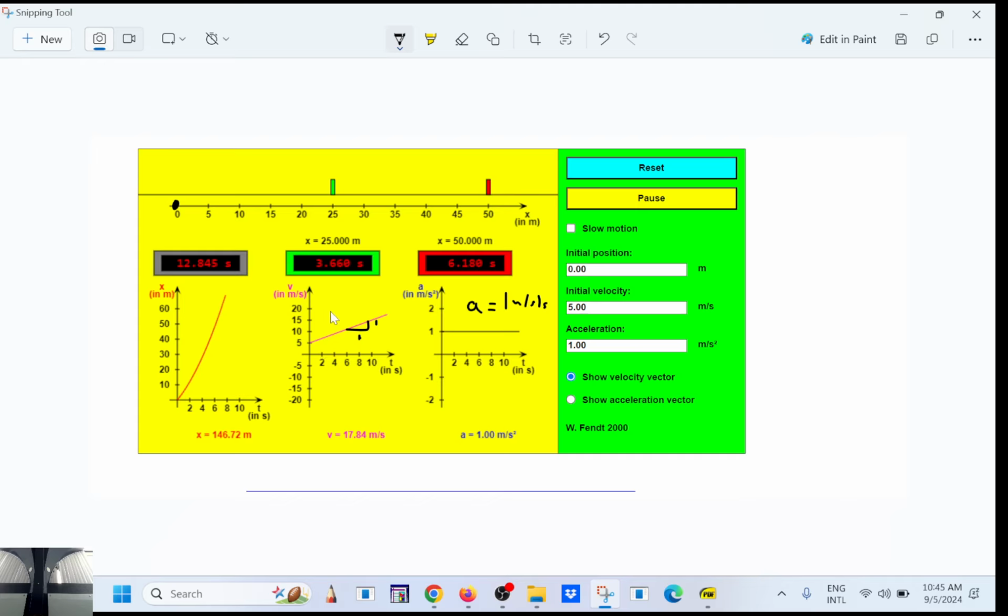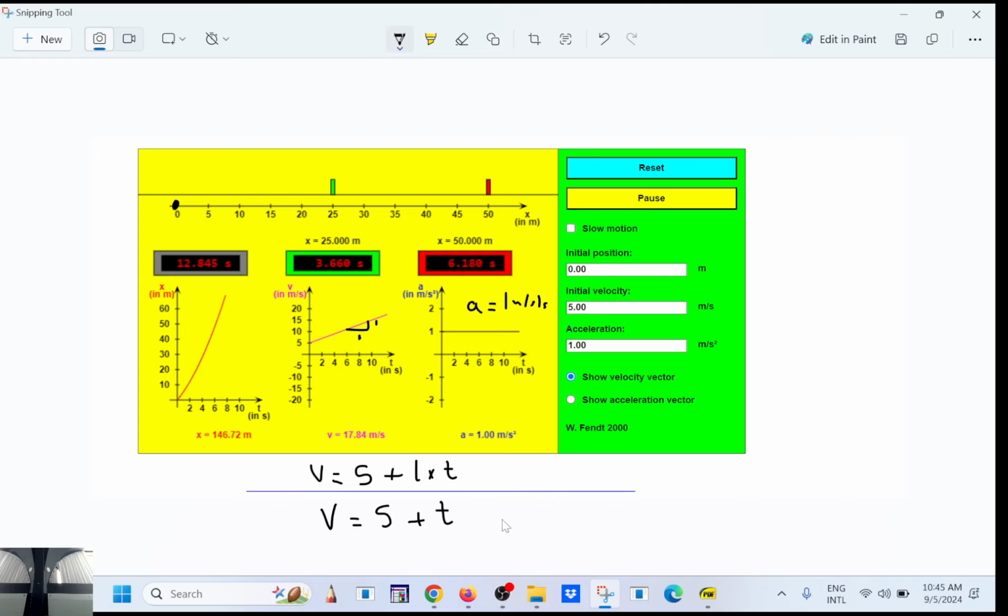So what's the equation? The velocity will be equal to whatever you begin with, which is 5. So that's the y-intercept, plus, and then you have the rate. And the rate is 1 times t. So we call that an invisible 1. So it will be v equals 5 plus t.